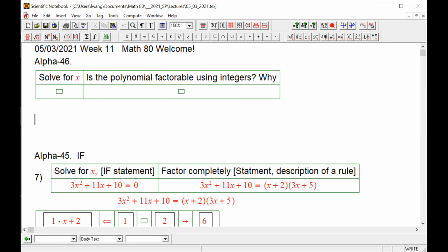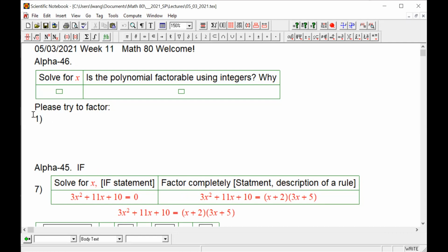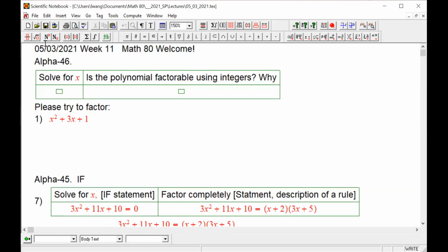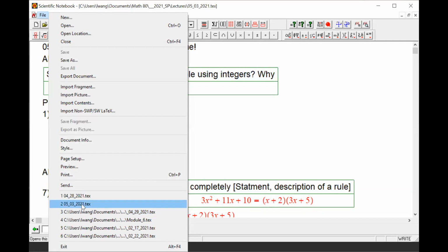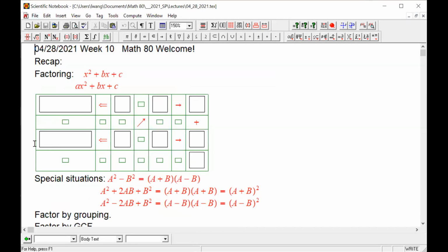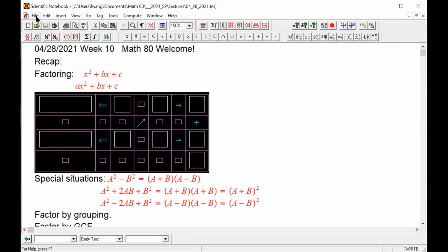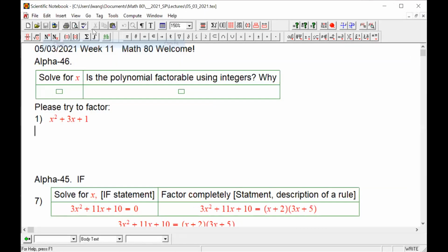So I want you guys to try to factor the first one. I'm going to bring back up this table in case you need it.